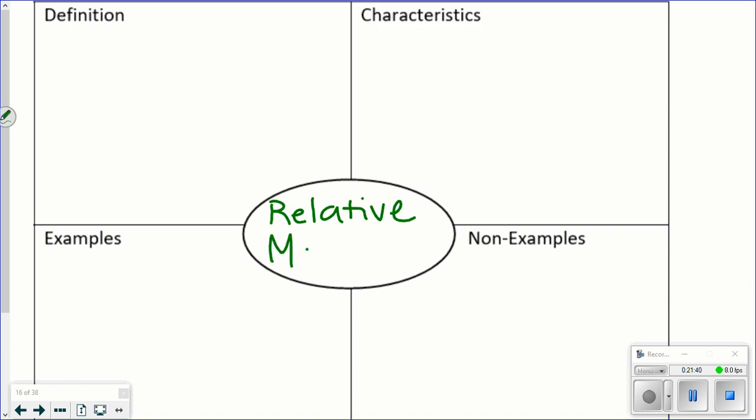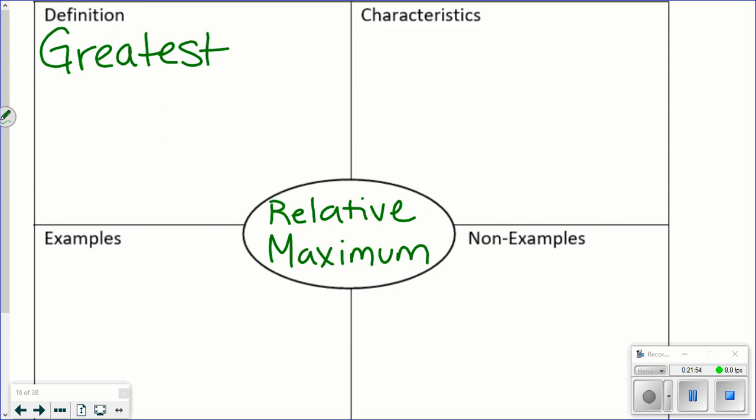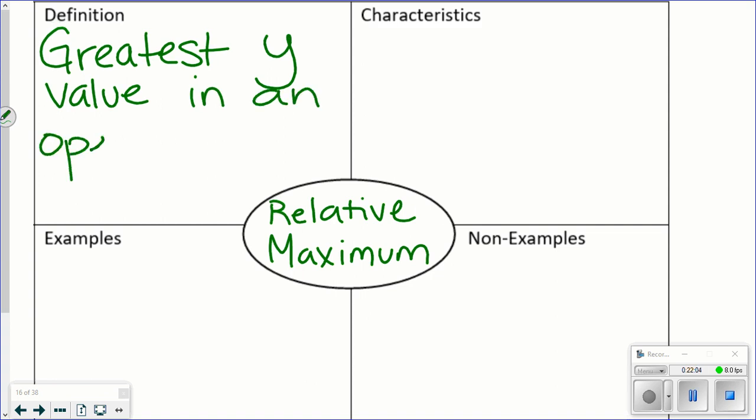Relative maximum: it is the greatest, the biggest, the largest, or the highest y value in an open interval.